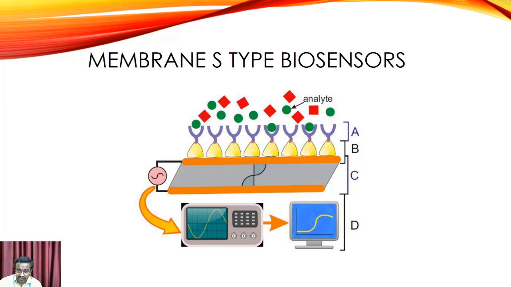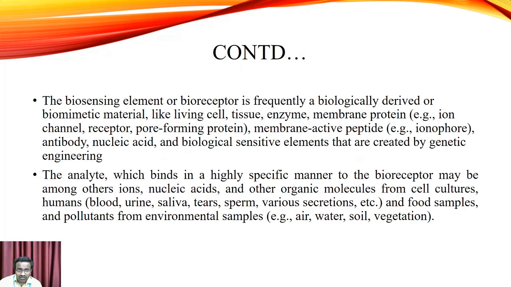bacteria. The common materials which are used as biosensing elements include living cells, tissues, enzymes, membrane proteins, receptor channels, pore membrane proteins, and active peptides.